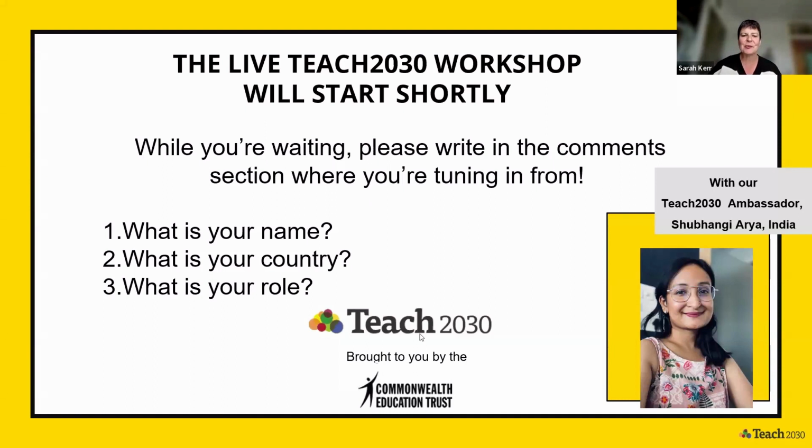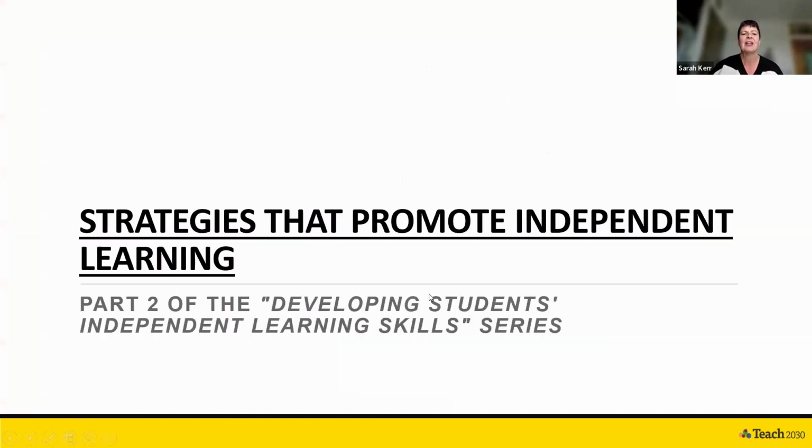So today we're going to be moving forward with our independent learning series. We're on part 3, I think it should say, of our independent learning skills series. And we're going to be talking about some strategies that we can use in the classroom to promote independent learning amongst our students.